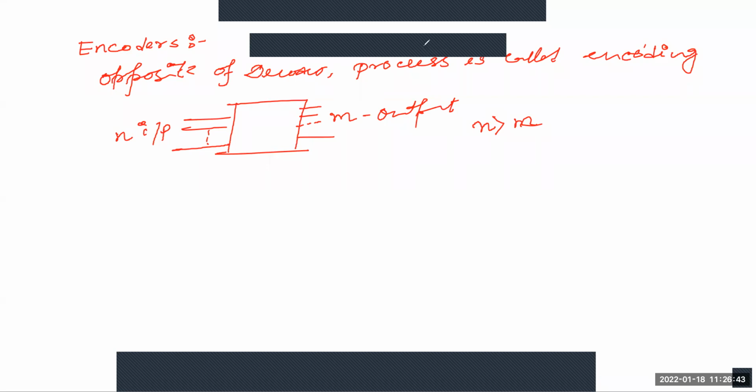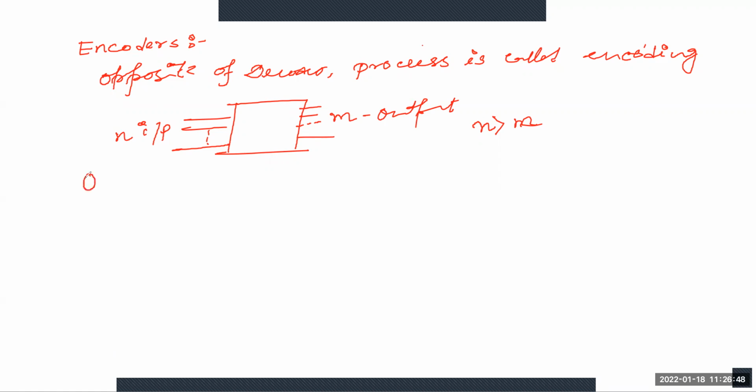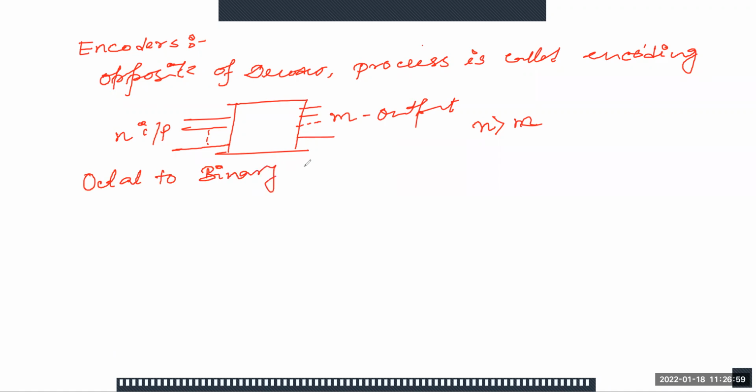encoder. So what is octal to binary encoder?